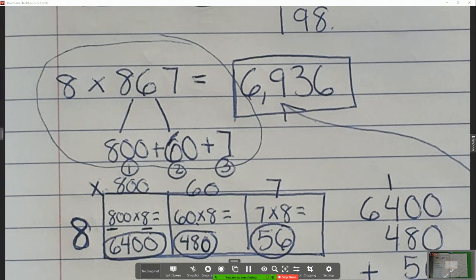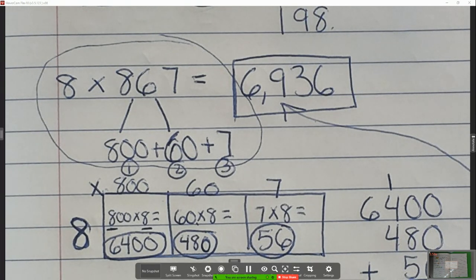Do you think I could do the same method if I was going 4 digit by 1 digit? Could I use the same method? Give me thumbs up if you say yes, I could still use area model, or give me thumbs down if you say I can't use area model.